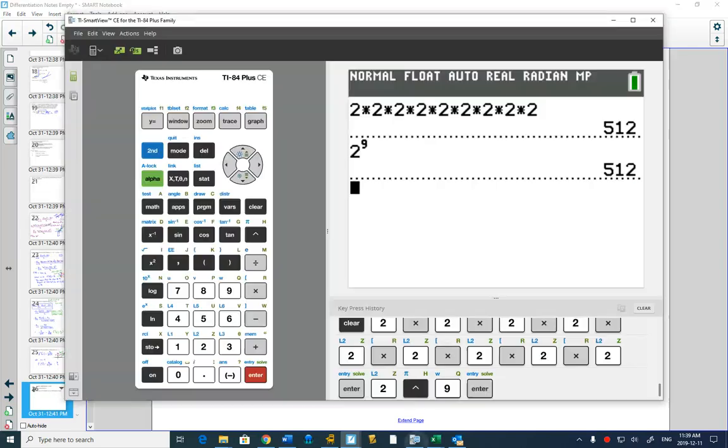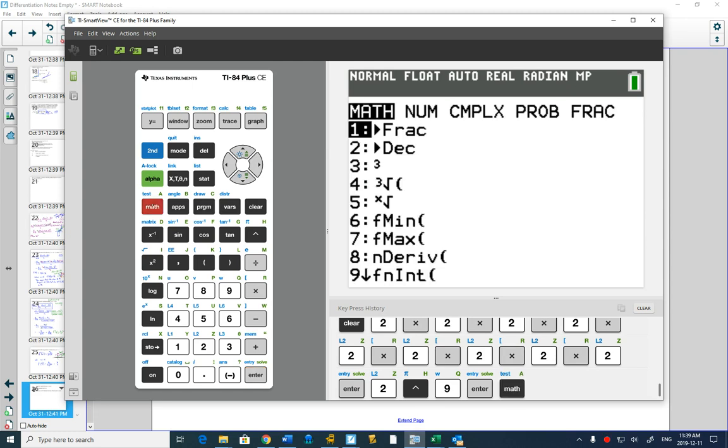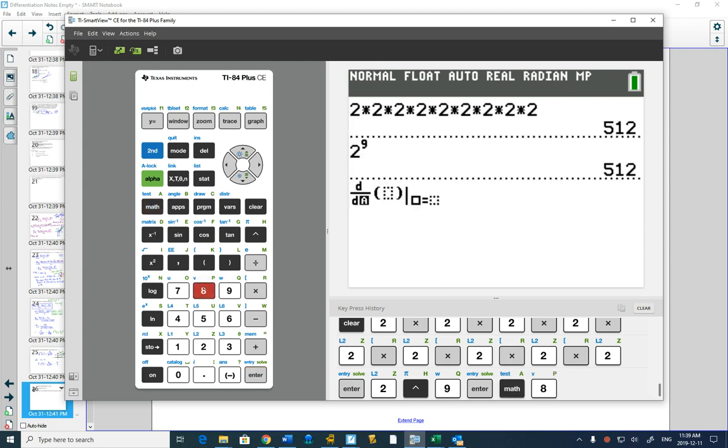I'm going to show you this function on your calculator. Go to math. Go to number 8, nDeriv. If you have a new formula, it looks like this. So, the first part, d dx, notation-wise, is the math short way to write, find the derivative of the following.